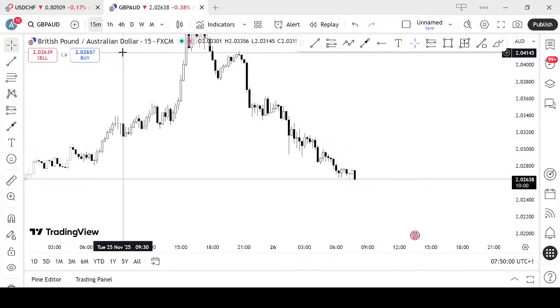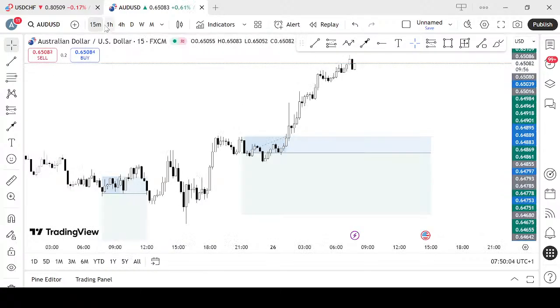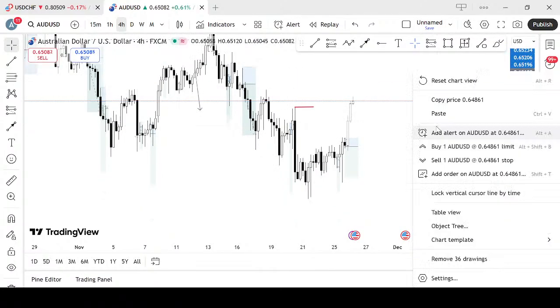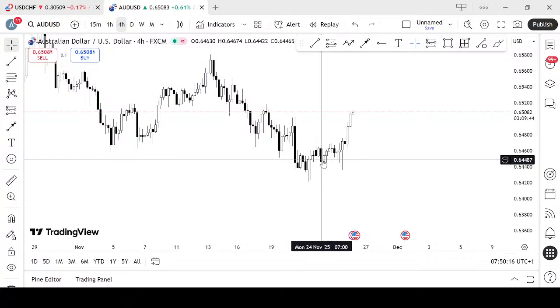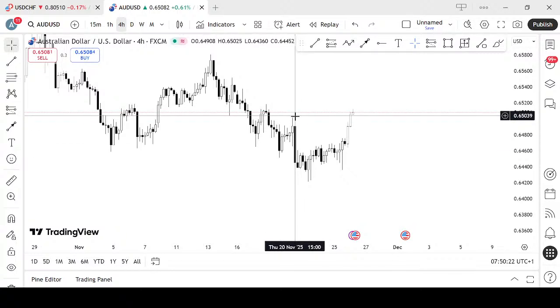So that's it. And the next pair I'll be looking at is AUDUSD, the 4 hour. On the 4 hour, we happen to have broken to the upside. This is the last high, lower high, and the lower low. Now we formed the new higher high here.